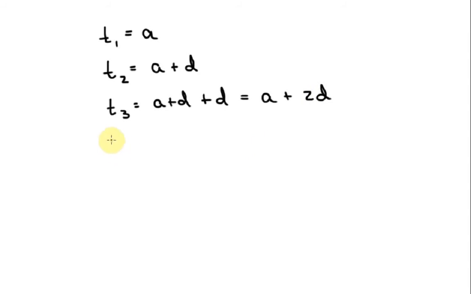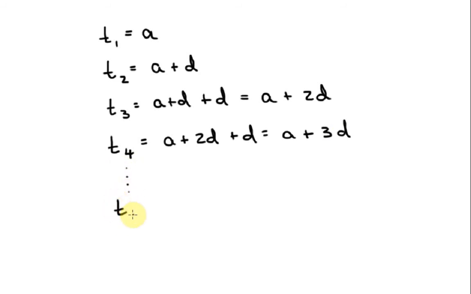Okay, so let's move on, see if we can determine a pattern here. I would take this previous term, which is A plus 2D, and add a common difference to that. So what am I going to get? I'm going to get A plus 3D. If we were to keep going like this, what would be the nth term in the sequence?